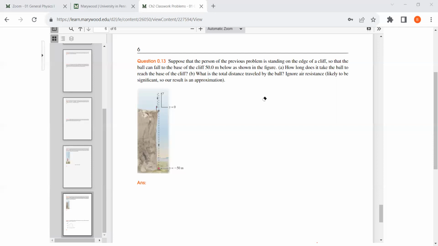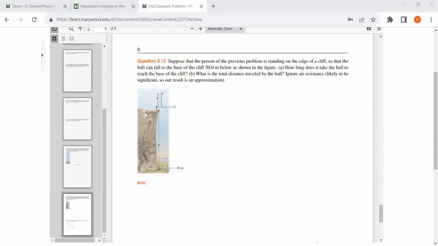Now it tells us to calculate the time. Time means from the point she throws it up to the point it hits the base of the cliff. So the travel time along this dotted line we have to calculate.